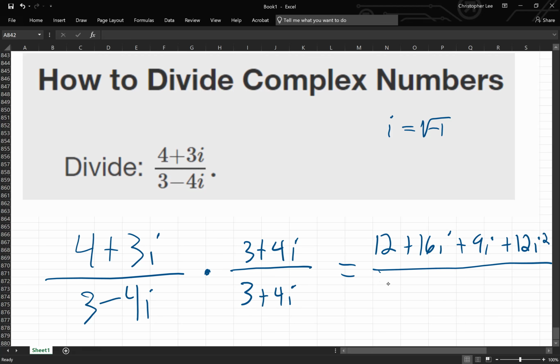On the bottom, 3 times 3, 9, plus 12i minus 12i minus 16i squared.